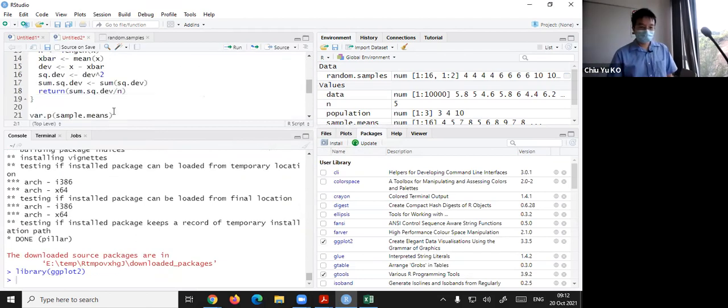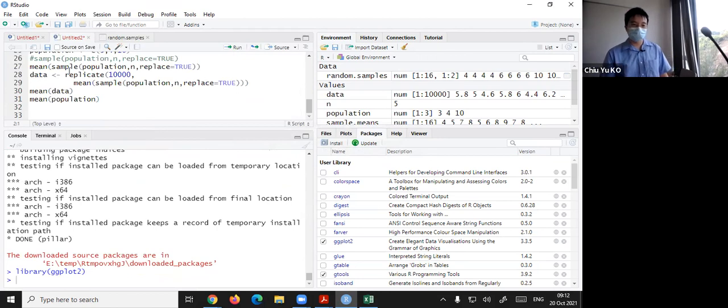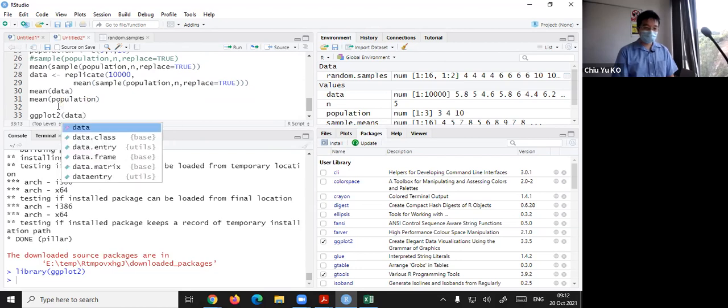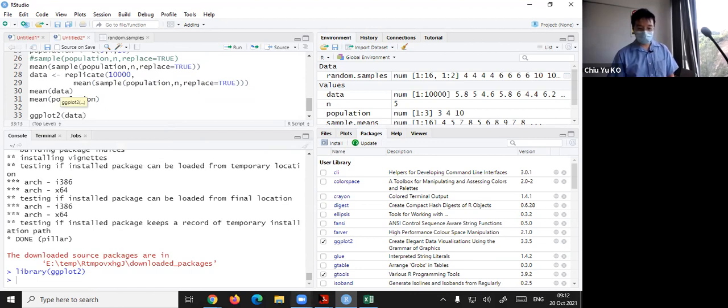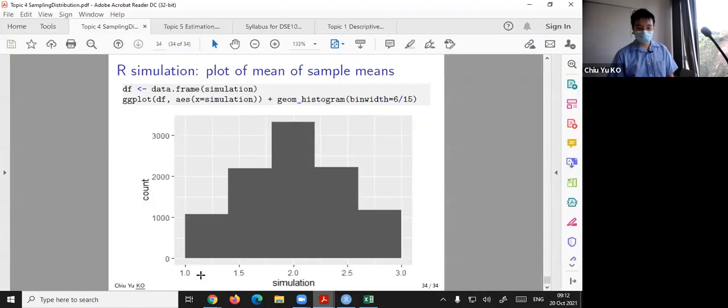We want to plot how this looks. Let's follow what you have here.